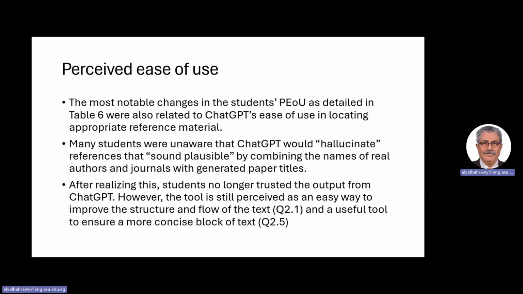After realizing this, students no longer trusted the output of ChatGPT. However, the tool is still perceived as an easy way to improve the structure and flow of text, and a useful tool to ensure a more concise block of text.